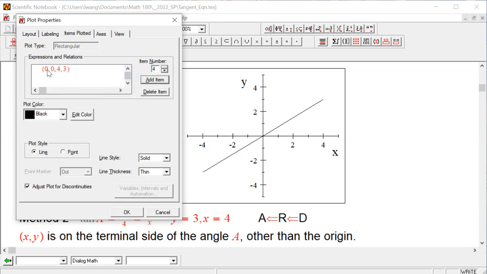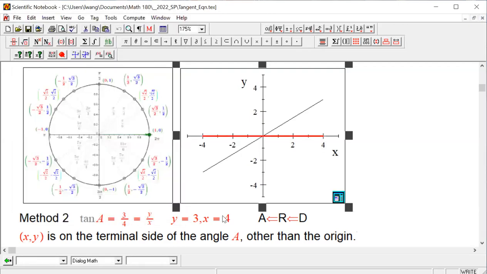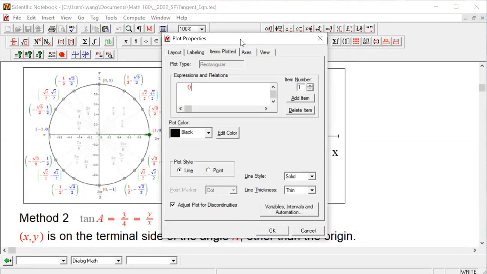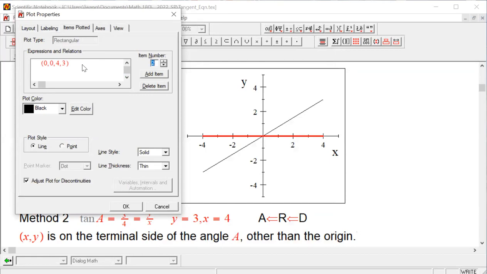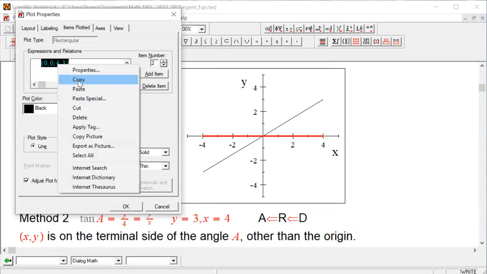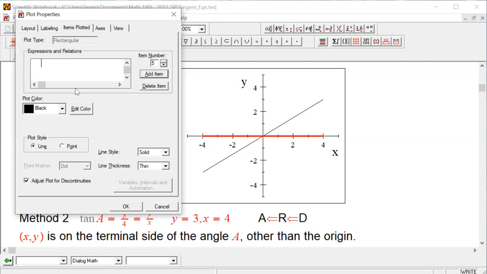Okay, the red, I'm going to draw the red there, and the blue, the blue, and there's another blue.